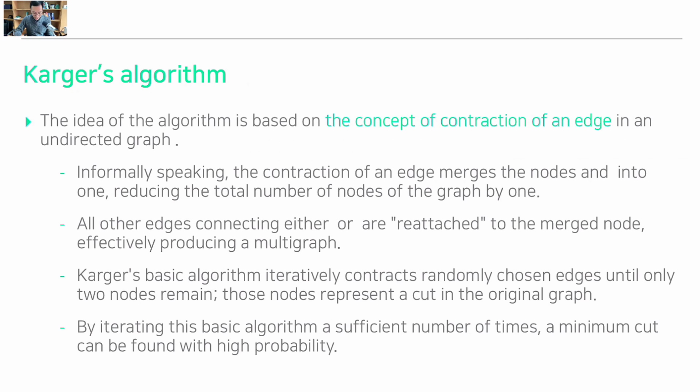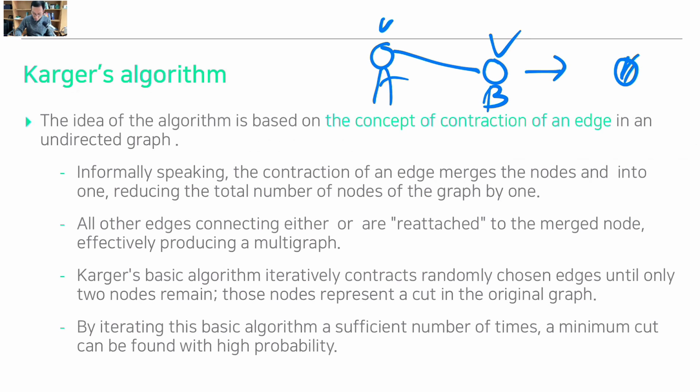So the idea of the algorithm is based on the concept of contraction of an edge in the input graph. The contraction of an edge merges the nodes into one. So for example, when we contract this edge AB, after the contraction, we have just one node.